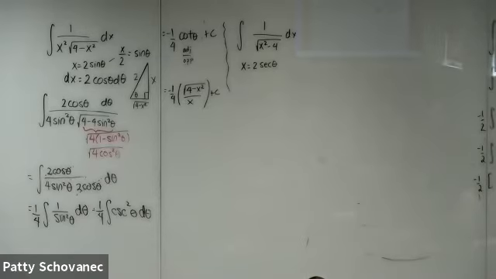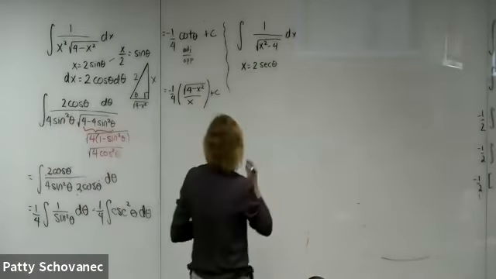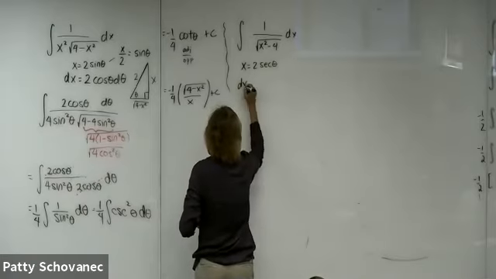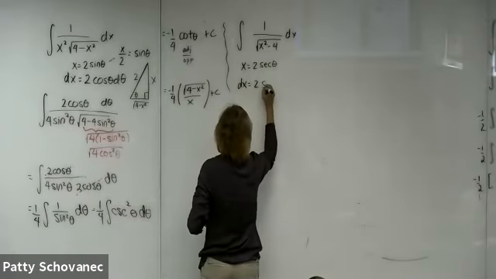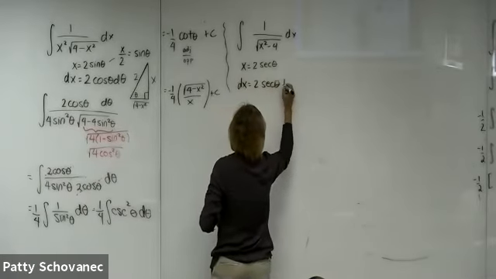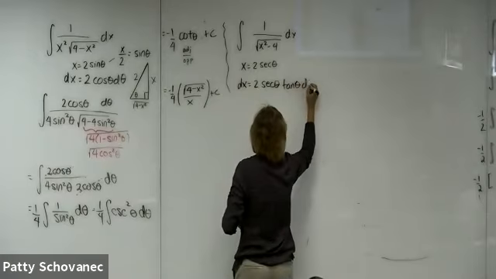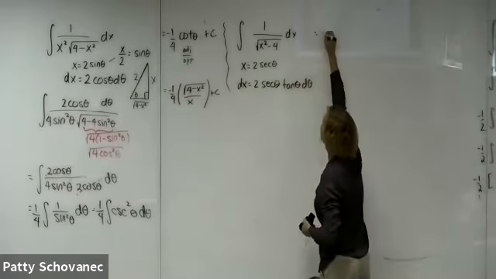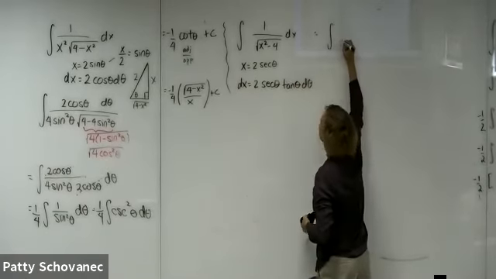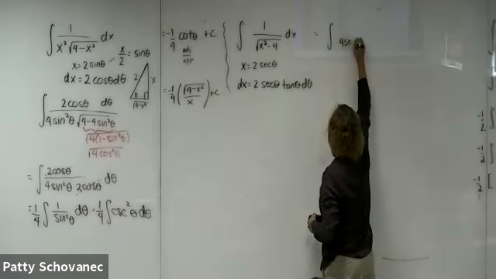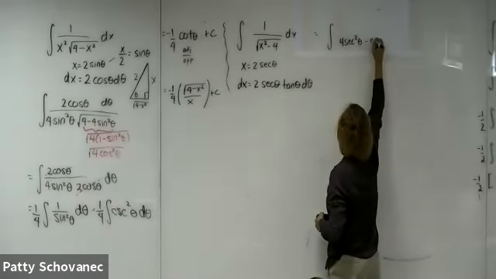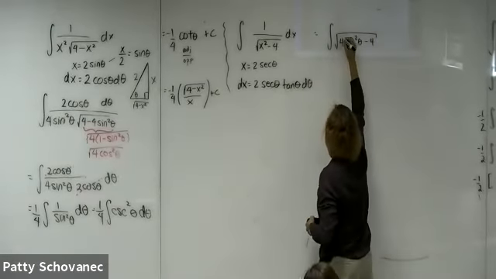Let's see, this other one I think should simplify to a secant integral. I think I've done this integral so many times, I already know that. The derivative is 2 secant theta tan theta d theta. And so we've got 4 secant squared theta minus 4 under the radical sign.